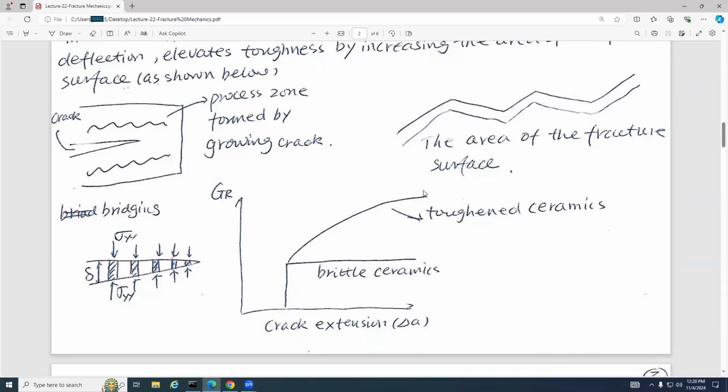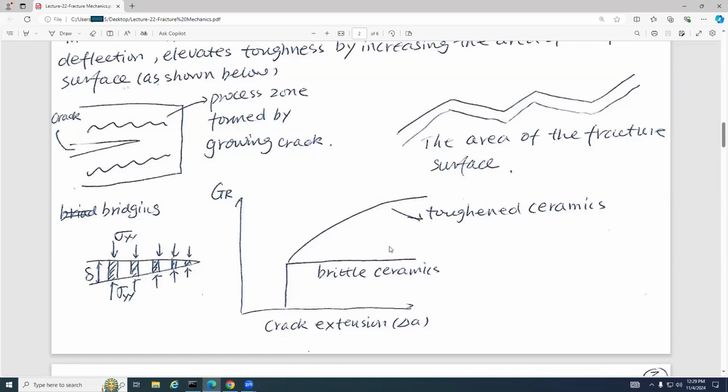We know that for the brittle material, the GR curve is usually the flat one. But for the ductile material, this curve keeps increasing. But if we do something to toughen the ceramics, this GR curve can exhibit a similar curve as the ductile material instead of this flat one. Right?